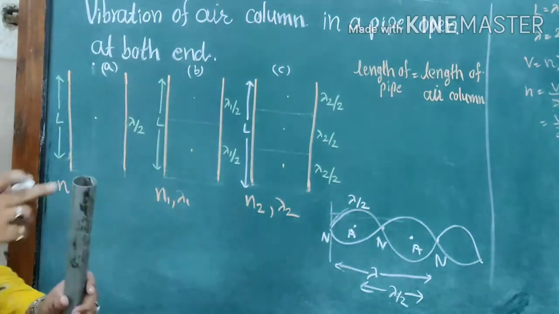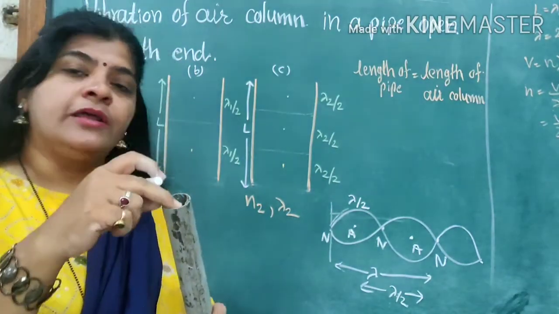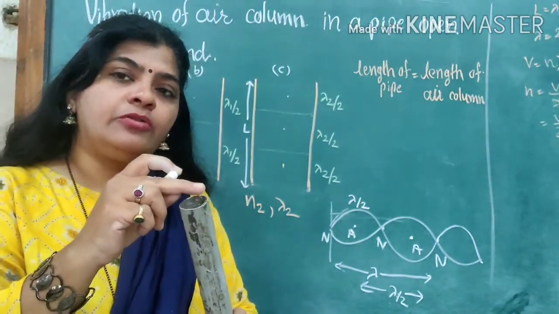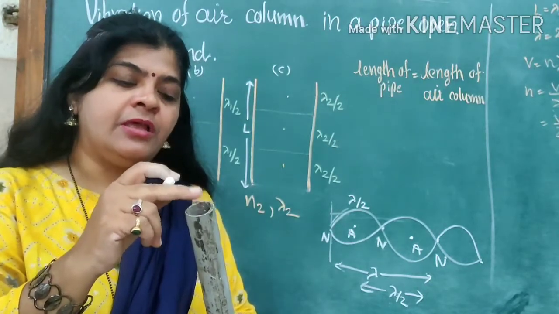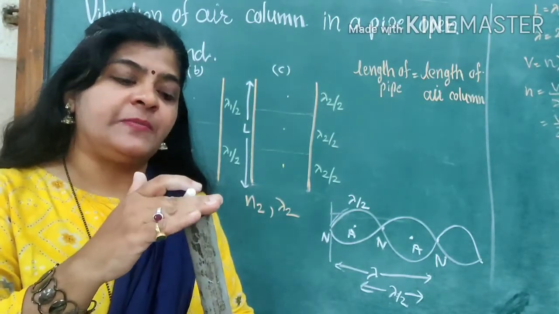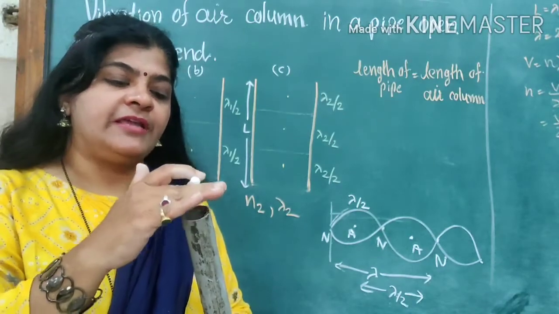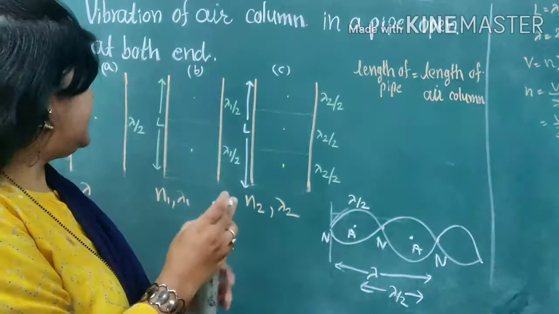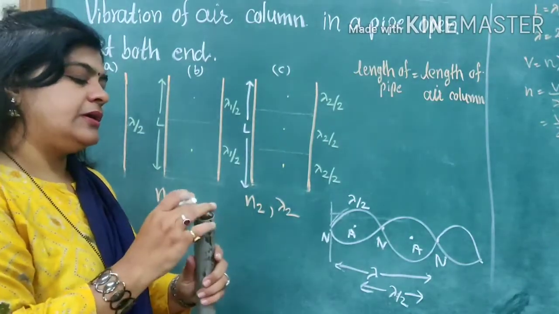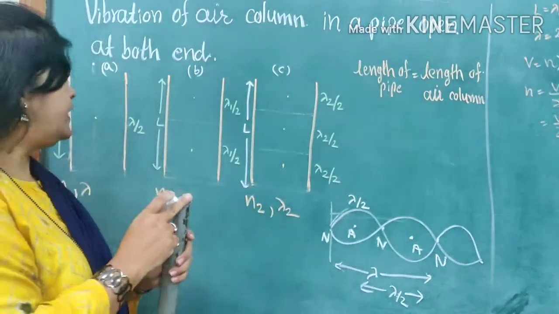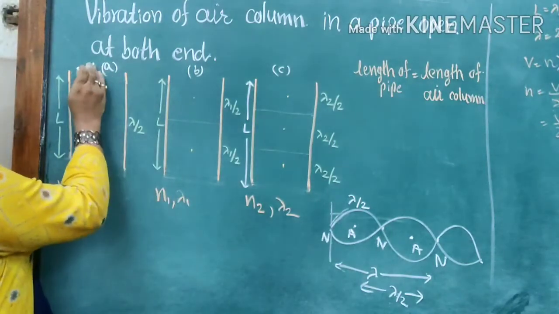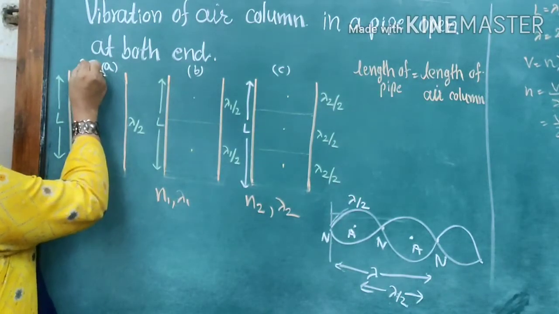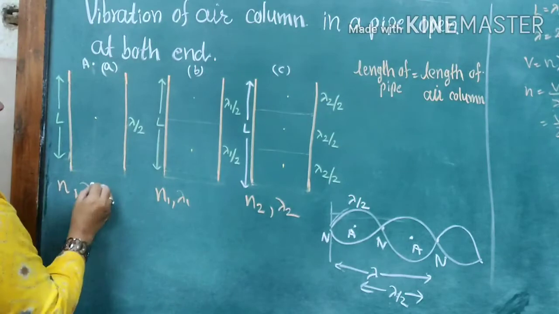Exactly, the air molecules do not vibrate at the pipe itself; above the pipe they start vibrating because they get sufficient space to vibrate. That's why the particles vibrate above this end of the pipe, and the antinode is always situated above the end of the pipe.